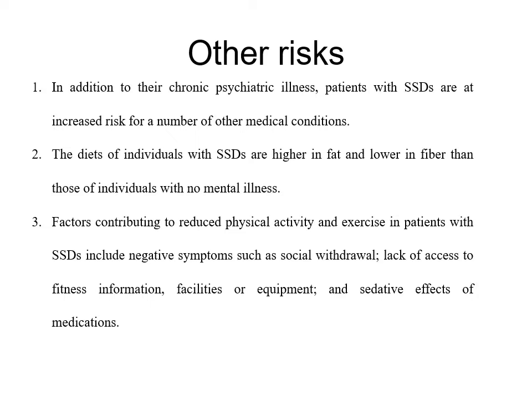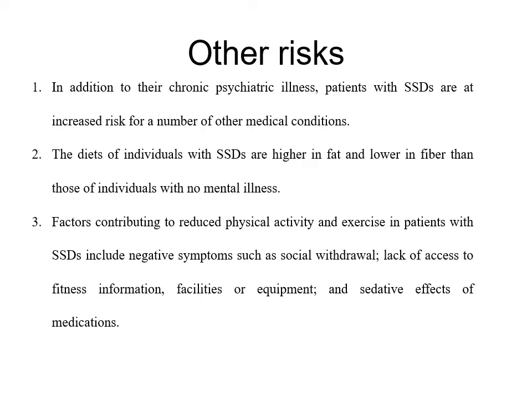actualize. All right, and so when it comes to schizophrenia, there are other chronic illnesses that people are at risk for. I think I said that sentence wrong. People with schizophrenia have a higher risk of developing other chronic illnesses.